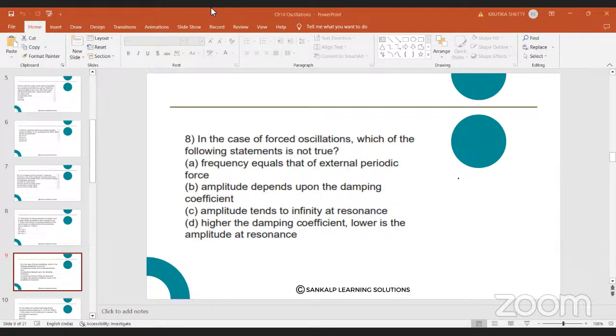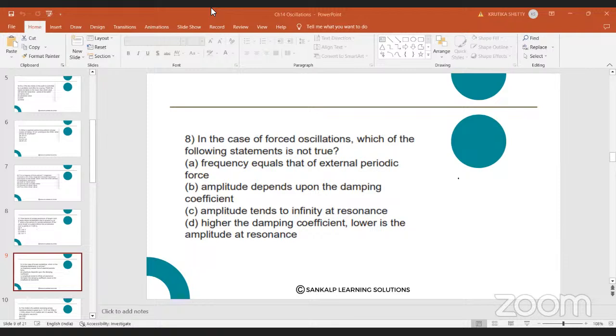Here it is forced oscillations now. Which of the following statements is not true? Option A, frequency equals that of the external periodic force. Option B, amplitude depends upon the damping coefficient. Option C, amplitude tends to infinity at resonance. Option D, higher the damping coefficient, lower is the amplitude at resonance.